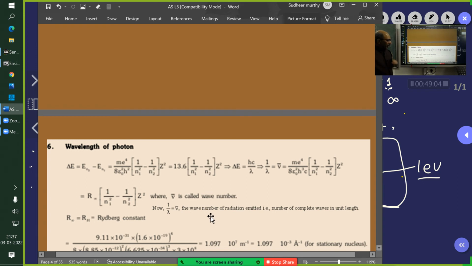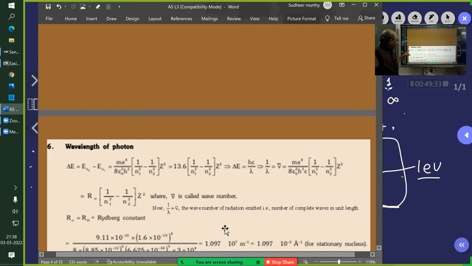Why is the name wave number there? The wave number of the radiation emitted is the number of complete waves in 1 unit length. If in the SI system you take 1 unit length, that is 1 meter, how many complete waves can be drawn in 1 meter? Understand? That gives you the wave number.